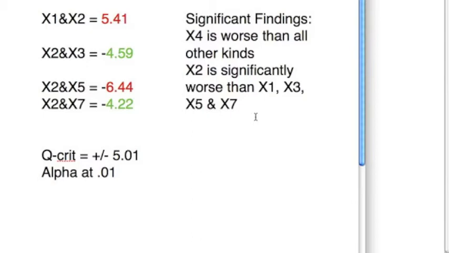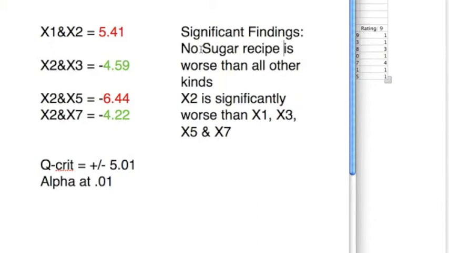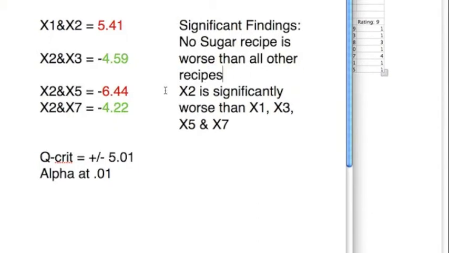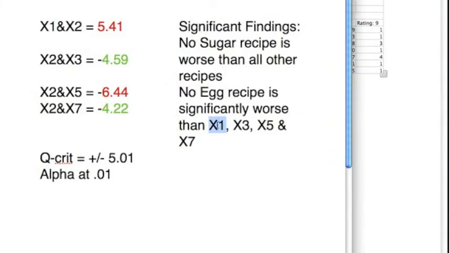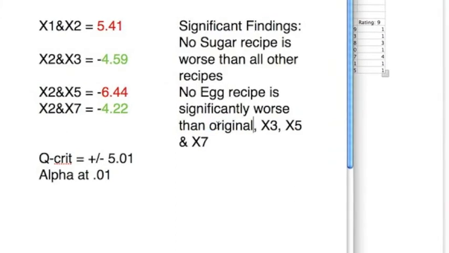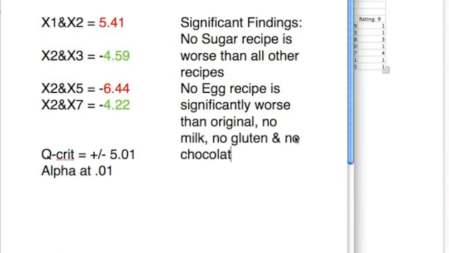So now is when we finally, after all my math is done, go back to your email and I see, okay, well, x4 corresponded to the recipe with no sugar. So the no sugar recipe is significantly worse than all the other recipes. And x2 is the no egg recipe, so that's significantly worse than the original, the no milk recipe, the no gluten recipe, and the no chocolate recipe.